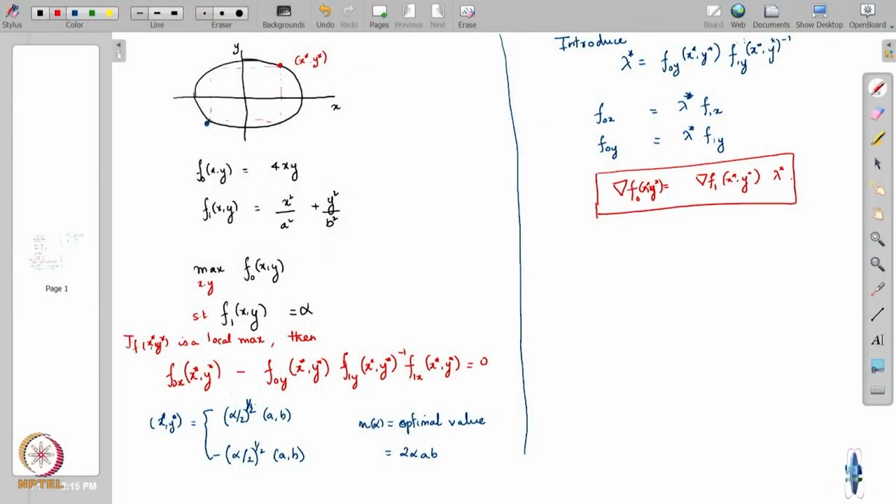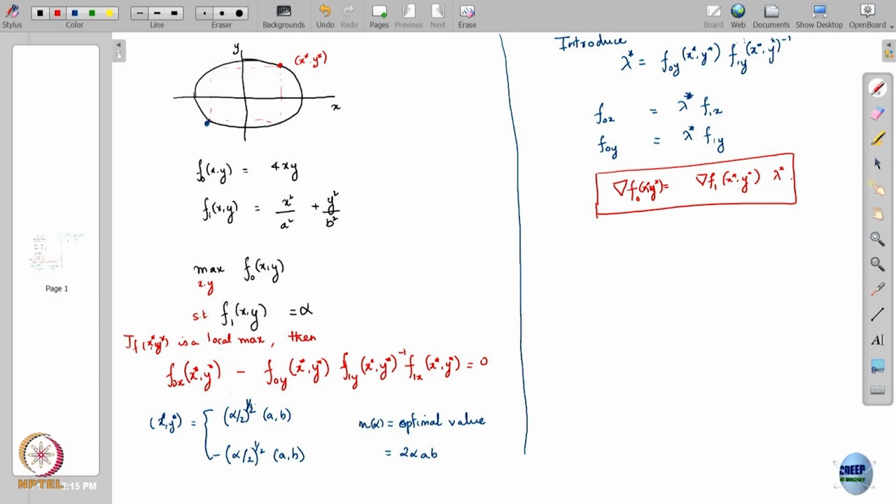It is giving you a condition that says that the gradient of the objective evaluated at x star y star is just a scalar multiple lambda star of the gradient of the constraint evaluated at x star y star. So, in particular, the gradients are collinear. One is just a scalar multiple of the other.